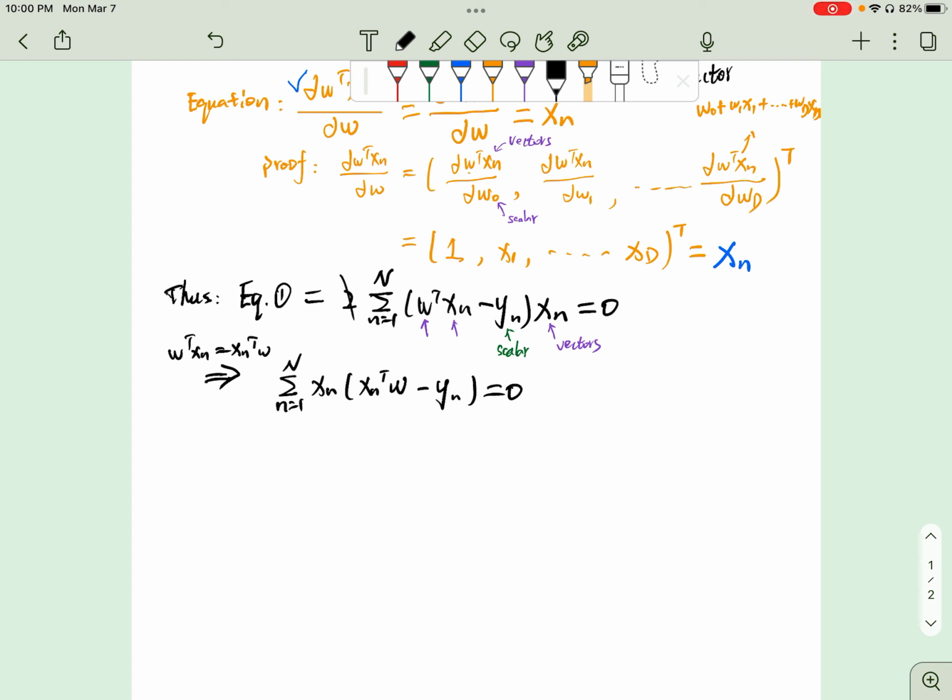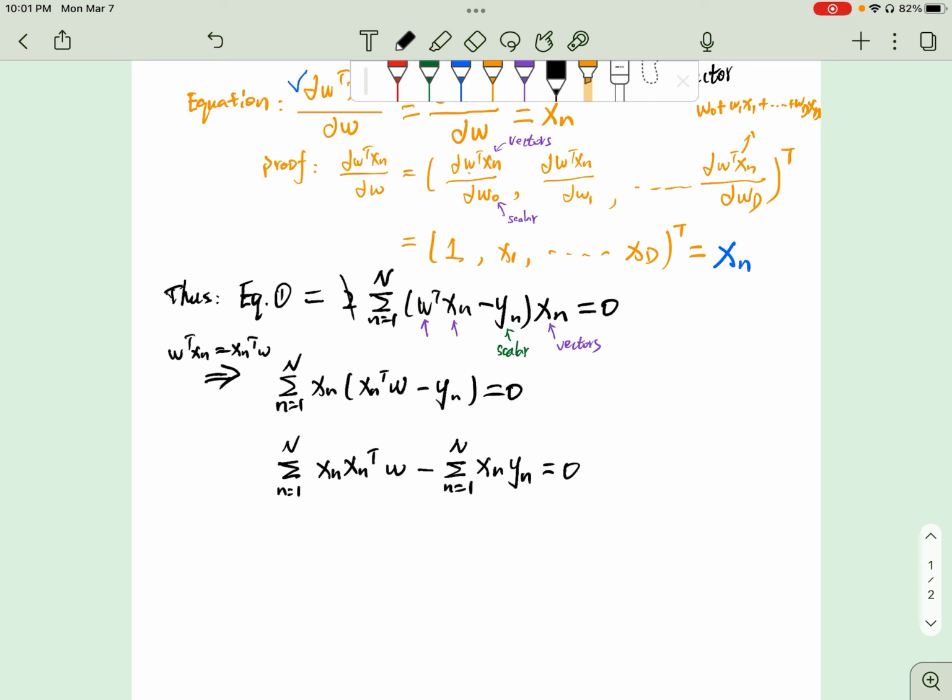Okay, and then the next step is I will distribute this xn to the bracket. So here is equals to 0 here.